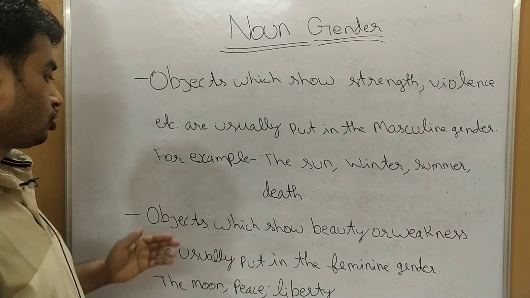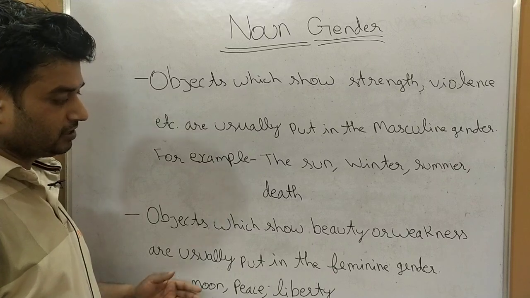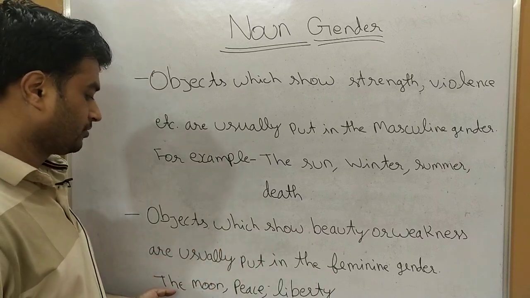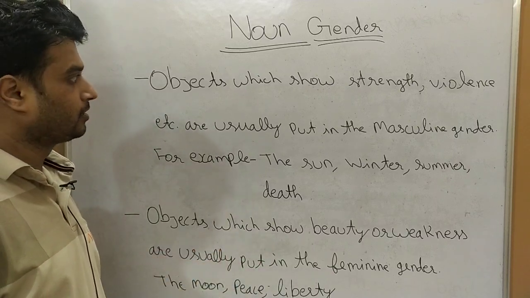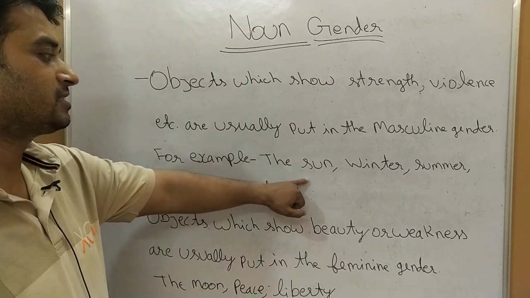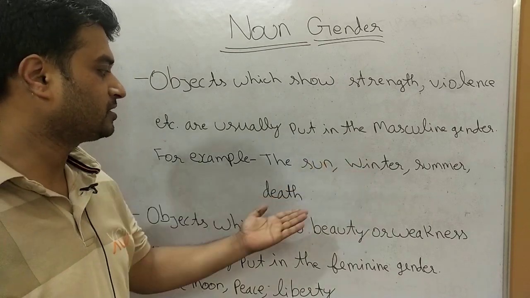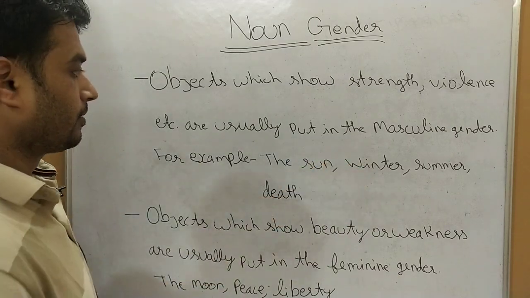So such things, objects which show beauty or weakness, are usually put in the feminine gender. And now usually these things are in the neuter gender: the sun, winter, summer, because they are lifeless things.